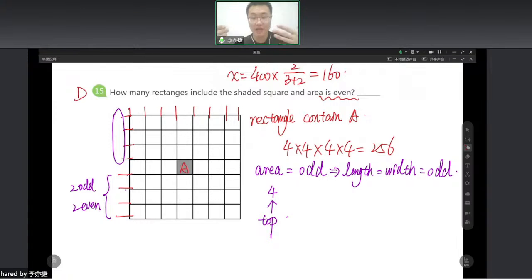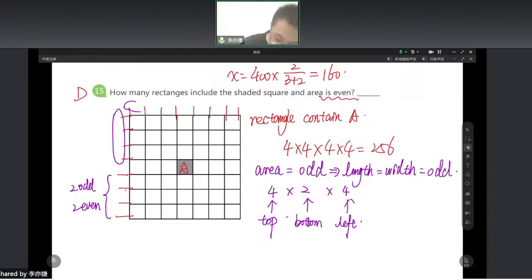So 2 of these lines make the distance odd, and 2 of these lines make the distance even. So as long as we determine the top, for the bottom we have 2 choices to make the width odd. The same reasoning applies to the length. On the left, we have 4 choices, and on the right, again 2 odd and 2 even. Then times another 2 for the right.